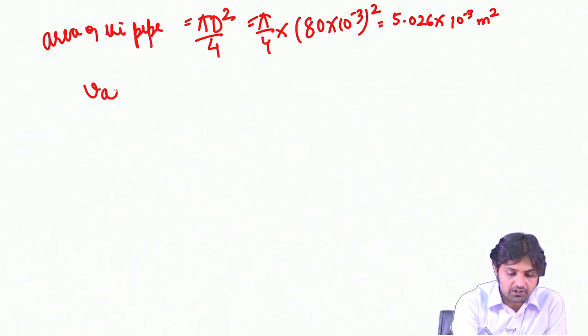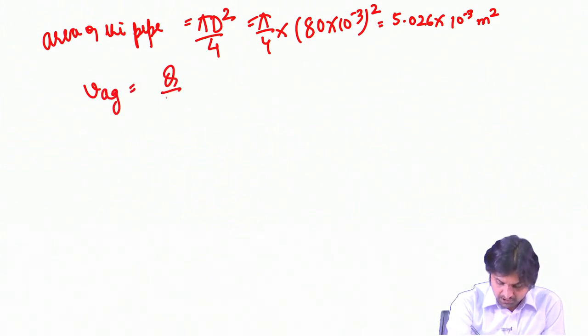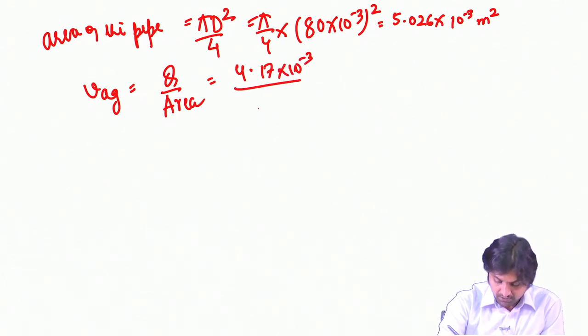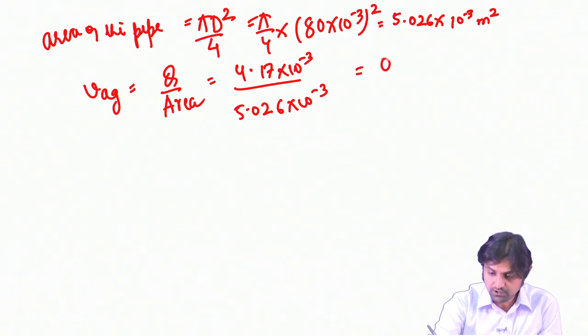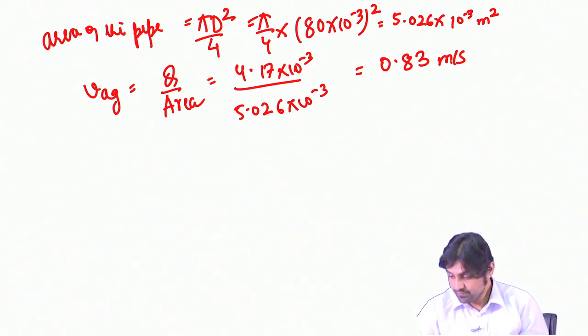So, the average velocity is Q by area, that is 4.17 into 10 to the power minus 3 divided by 5.026 into 10 to the power minus 3, which is 0.83 meters per second.